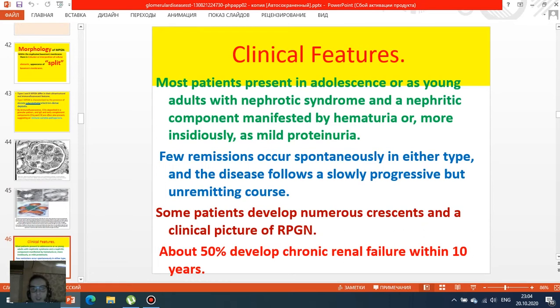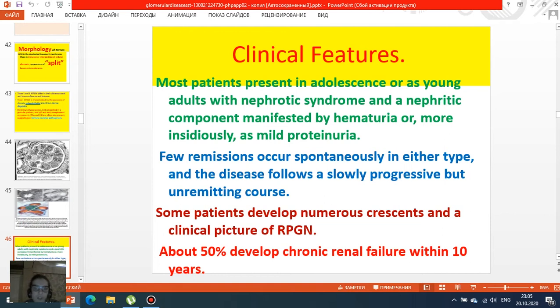Clinical features of this form of glomerulonephritis: most patients present as adolescents or young adults with nephrotic syndrome and a nephritic component manifested by hematuria, or more insidiously as mild proteinuria.